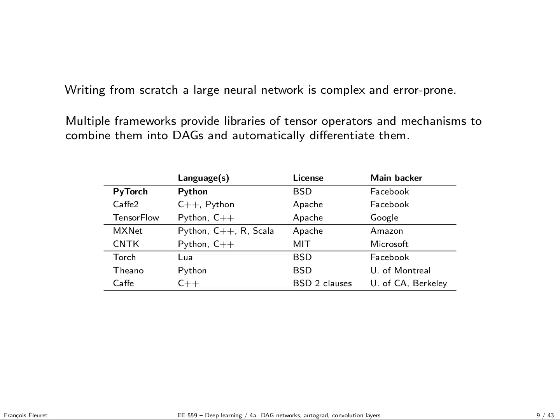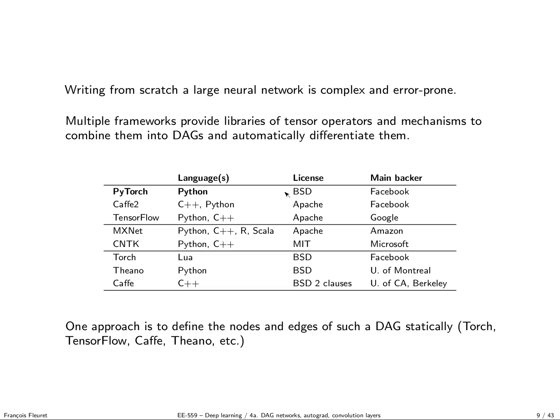So as long as you have this library and this ability to make graphs, you're good. There are plenty of frameworks that provide exactly this. We already saw all of them, and the one we are going to use is PyTorch, which allows you to define those models in Python, and it's an open source framework.